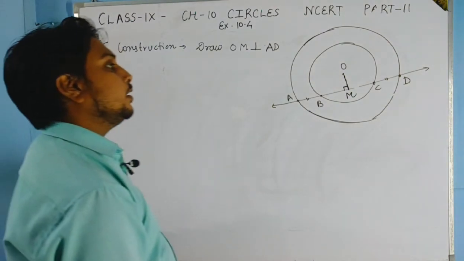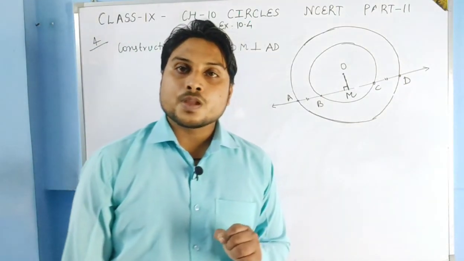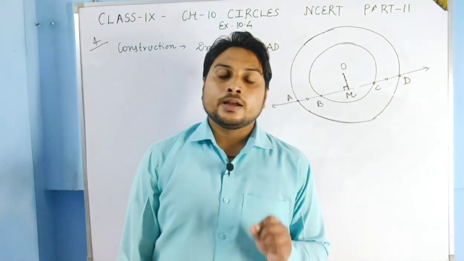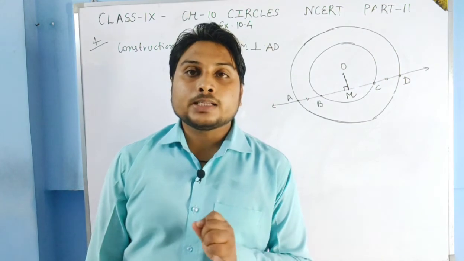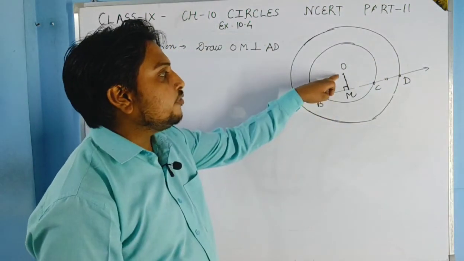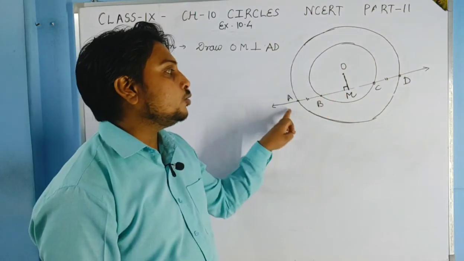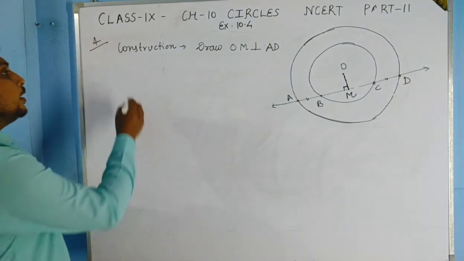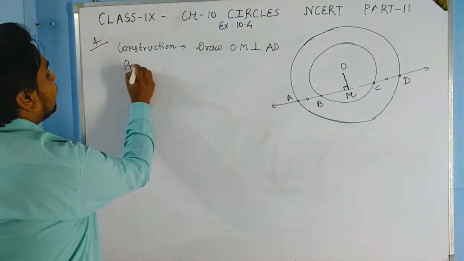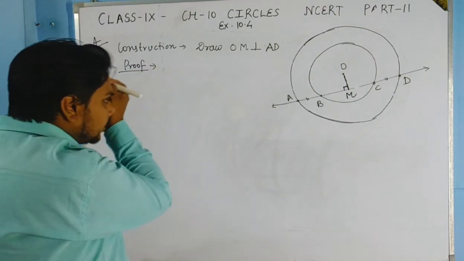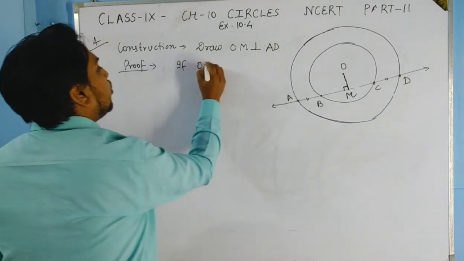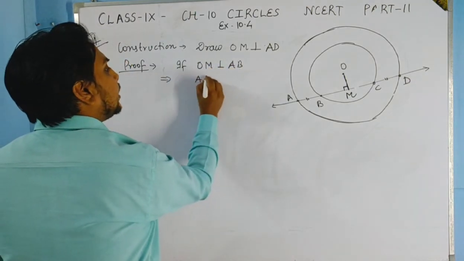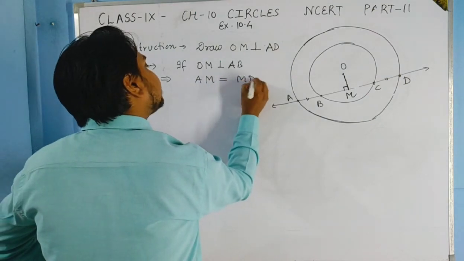Now students, we know that if we draw a perpendicular from the center to a chord, then that perpendicular will bisect the chord. So here, since we have drawn OM perpendicular to AD, it will bisect the chord AD. So what will we get as the result? Since OM is perpendicular to AD, this will imply that AM is equal to MD.